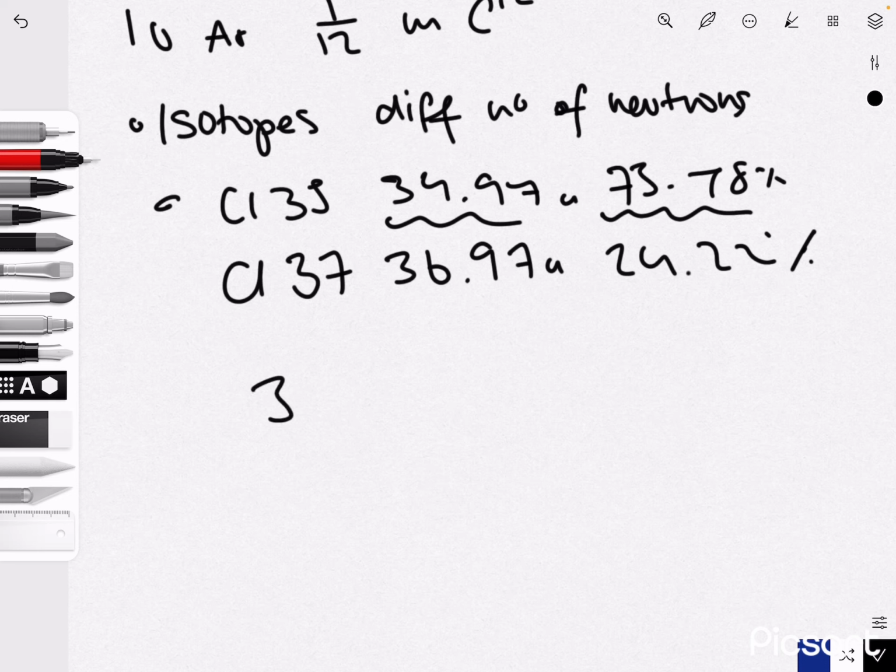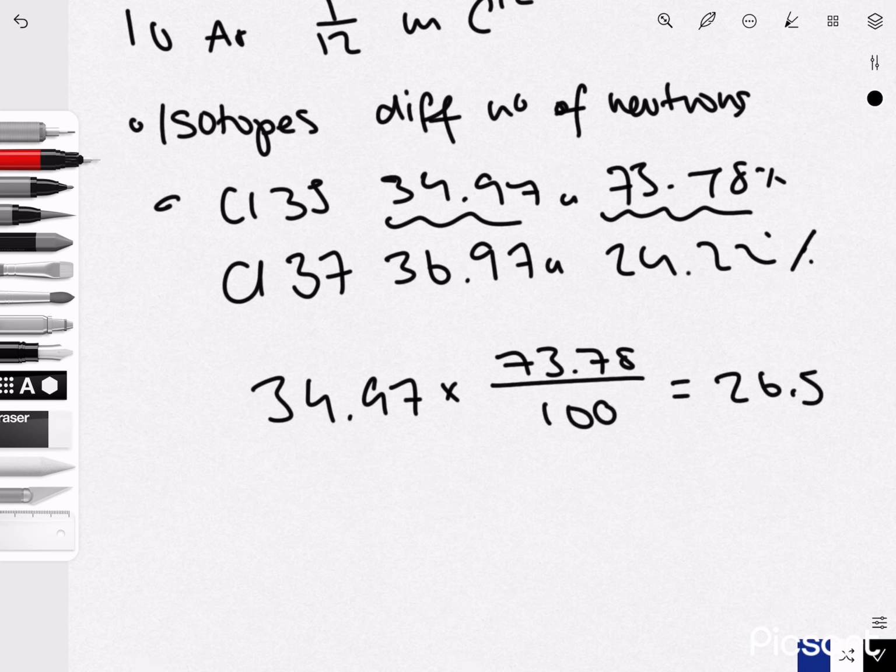So 34.97 times our percentage. We convert our percentage back to a decimal and multiply these 2, which will give us 26.5.